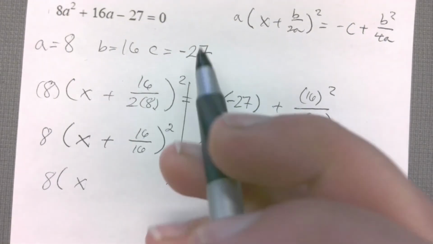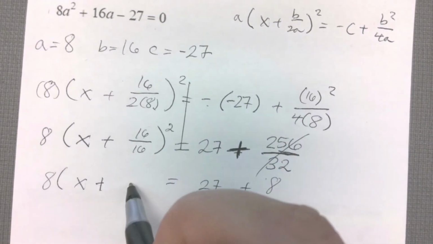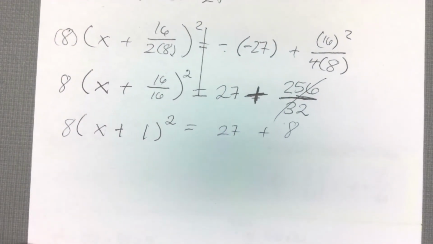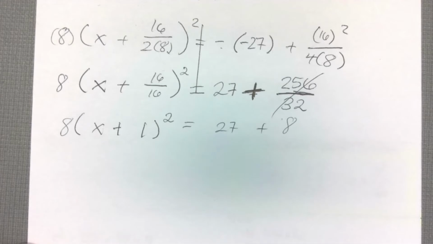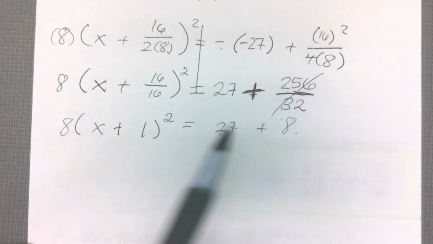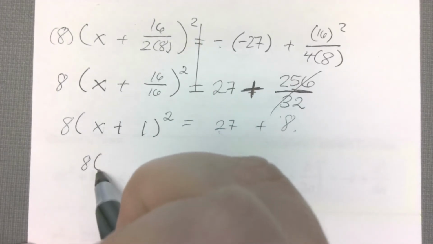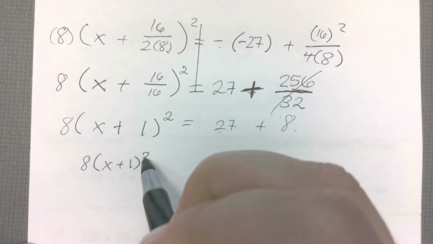What's 16 divided by 16? What's 27 plus 8? 35. Mm-hmm.